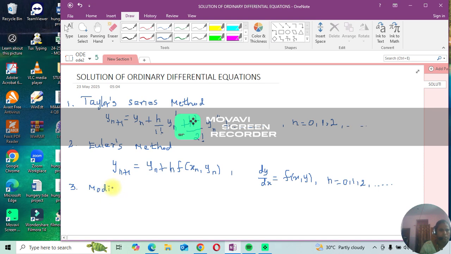The extension of Euler's method is the modified Euler's method. So we take the formula again.